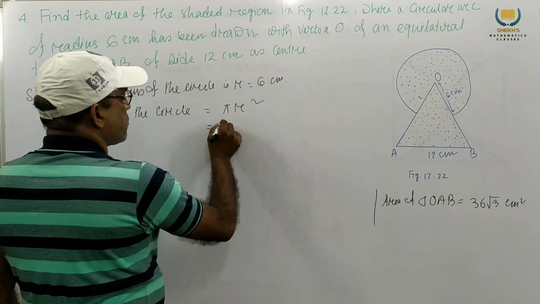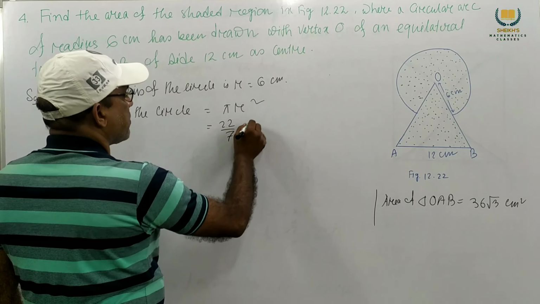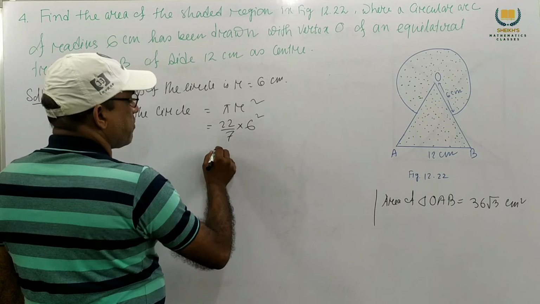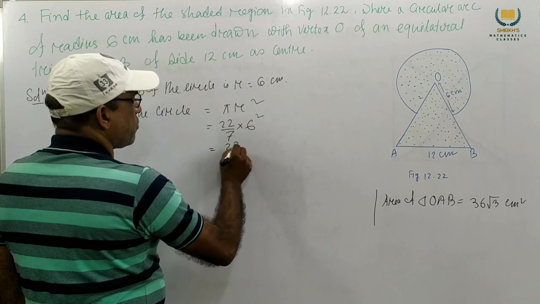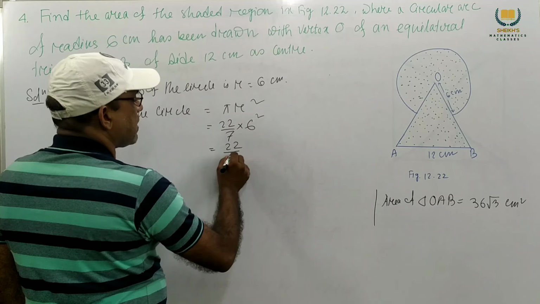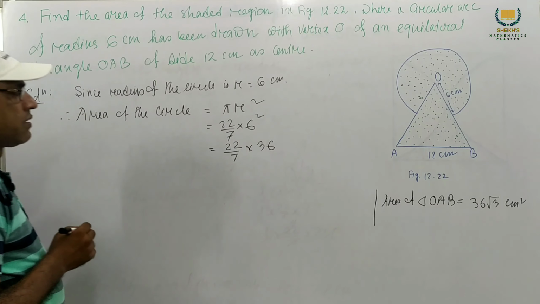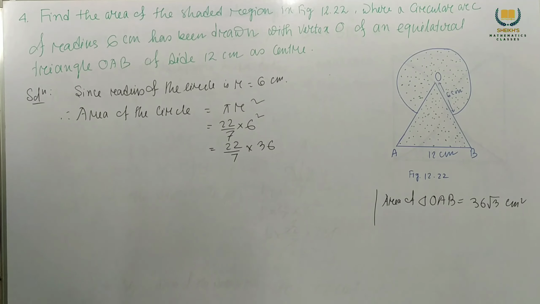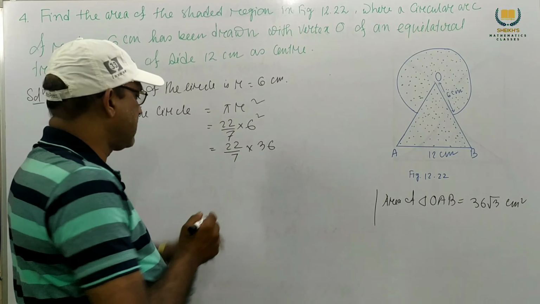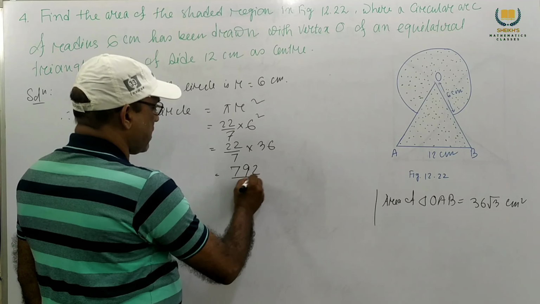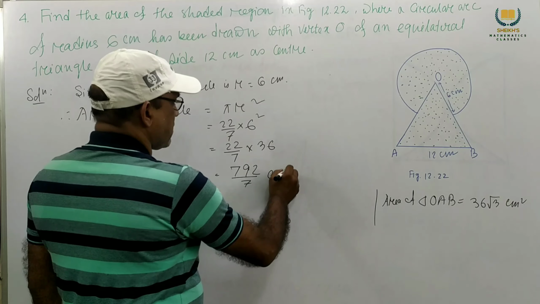Pi means 22 by 7 and r means 6. So this will be 22 by 7 into 36. Multiplying, we get 792 by 7 centimeter square.